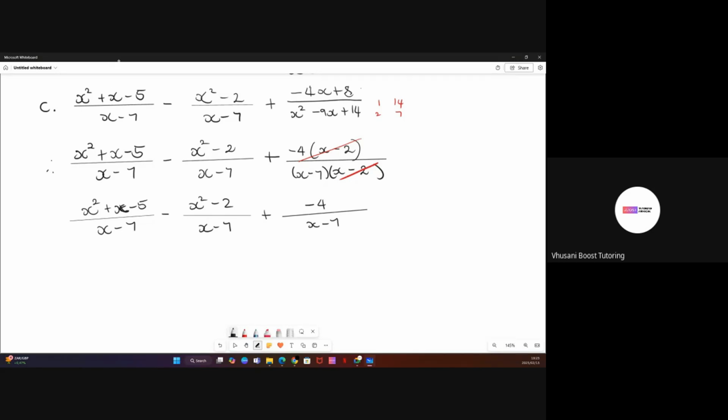So we can now see that we have common denominators, and then in the numerator, we'll just have to add and subtract whatever expression we have over there, right?